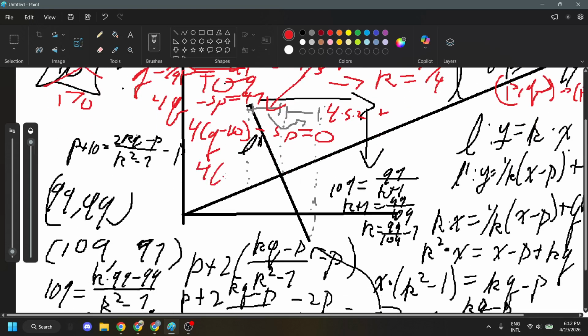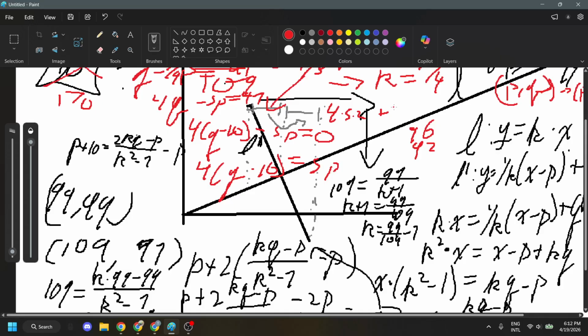So 4 times q minus 10 is equal to 5p. P must be divisible by 4. So P can be like 96, 92. And then Q minus 10 must be divisible by 5.